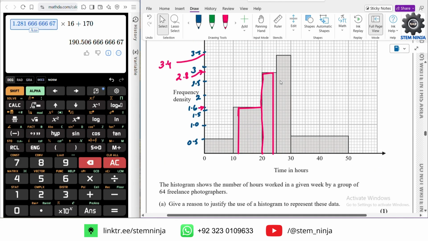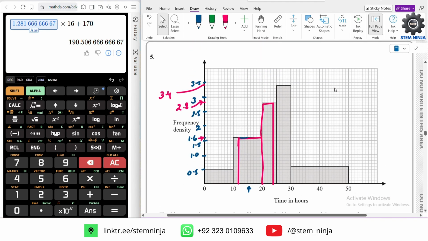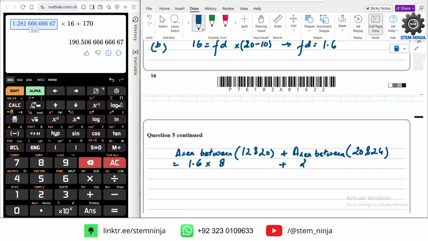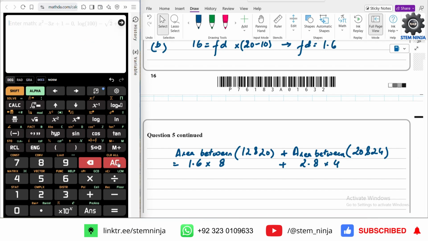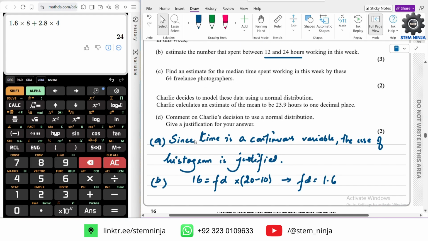So we have 1.6 times by 8 plus, 20 and 24, 2.8 and 4. Right? So 1.6 times by 8 plus 2.8 times by 4, so this would be 24. Okay.